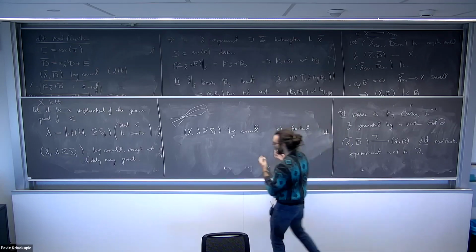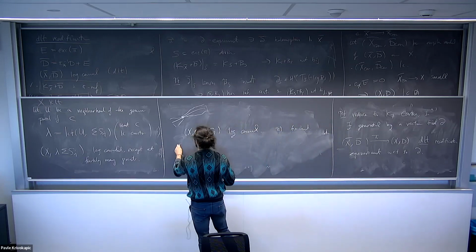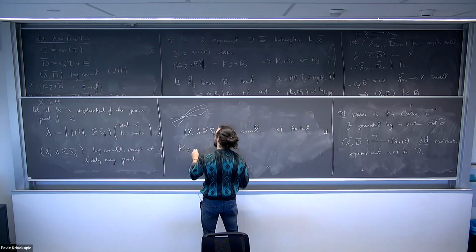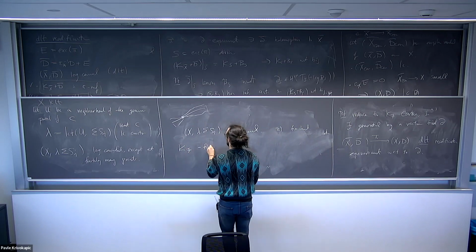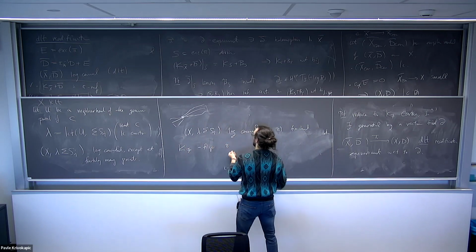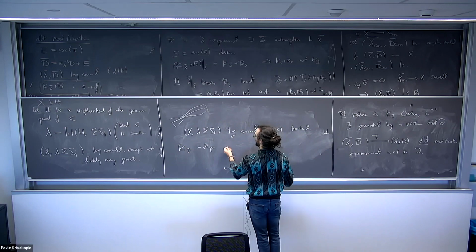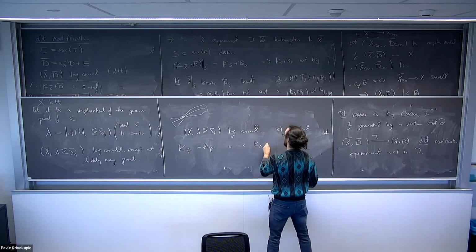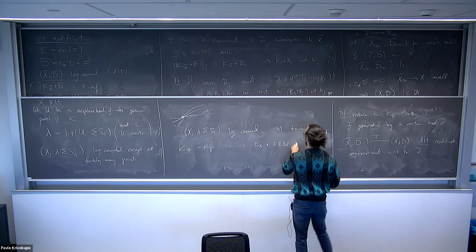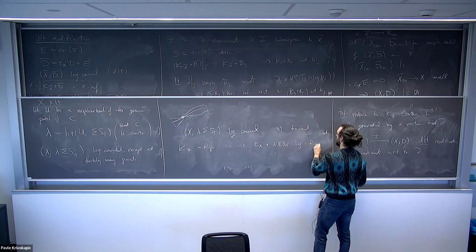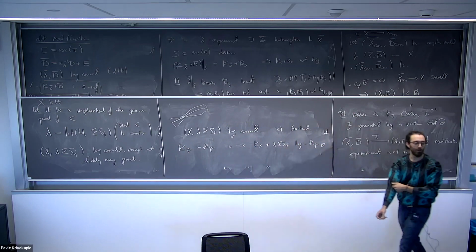And so now what we realize is, just to emphasize, the KF flip ends up being a KX plus lambda SI log flip. And that shows that flips exist.